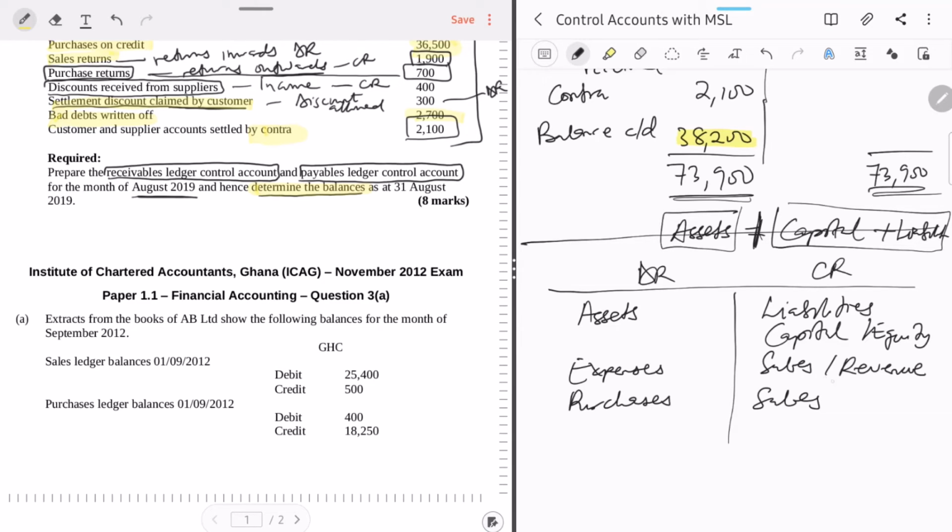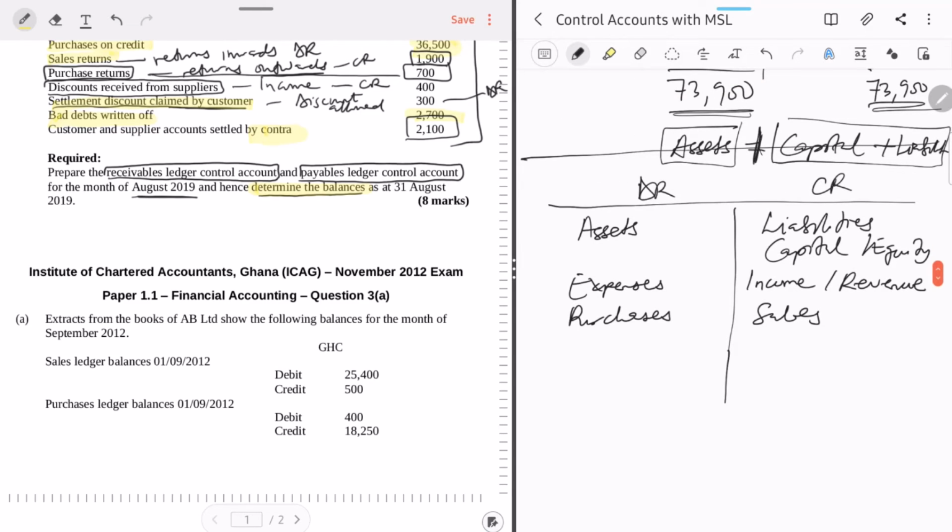Let me even change the sales here to income. If you want to expand it further, this is the framework you need. So all assets are debits, all liabilities are credits, all capital or equity credits, all expenses are debits, all income or revenue credits, all purchases debits, all sales credits.